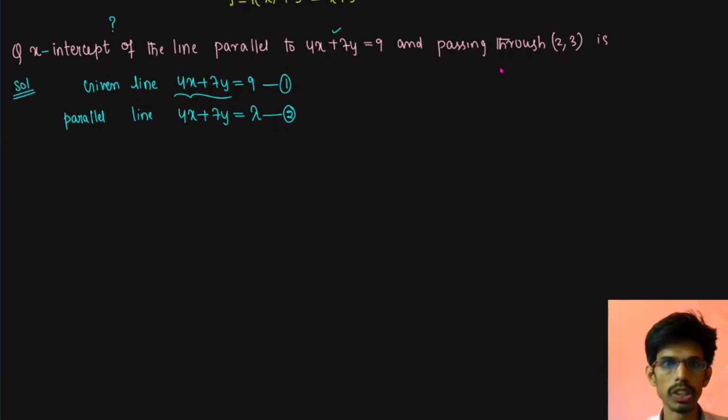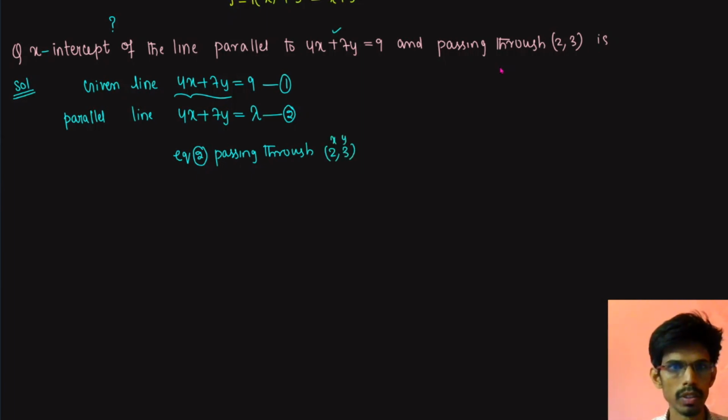Now in the question it is given that equation 2, that is the required line, is passing through 2 comma 3. So this is x and y. Put this value in equation 2. 4 into 2 plus 7 into 3 equal to lambda.